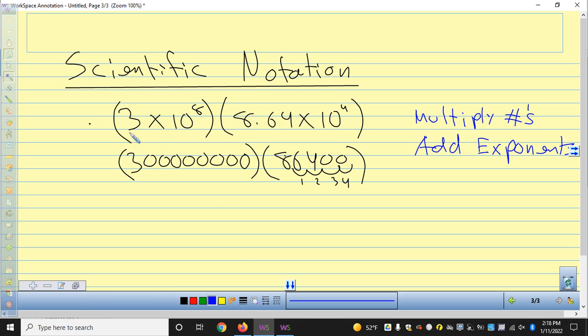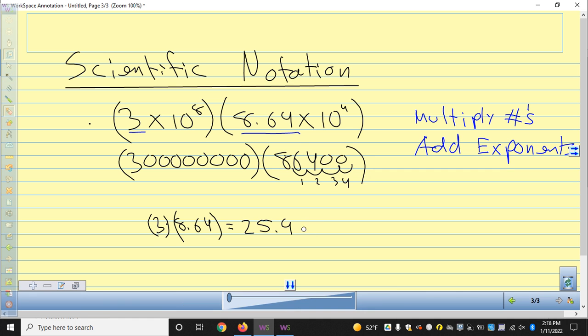So I'm going to multiply these two numbers together. So I get 3 times 8.64, and when I do that, I get 25.92. This is the part where we're multiplying the numbers.